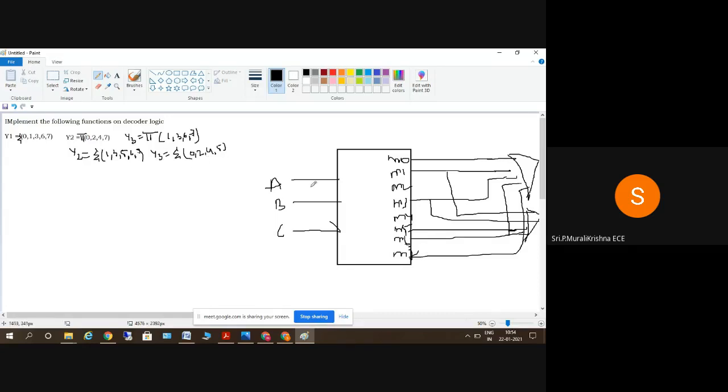Similarly, for y3 we use 0, 2, 4 and 5, and these are given to the third OR gate.